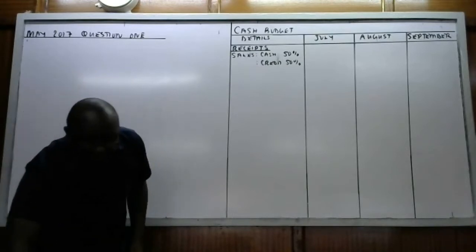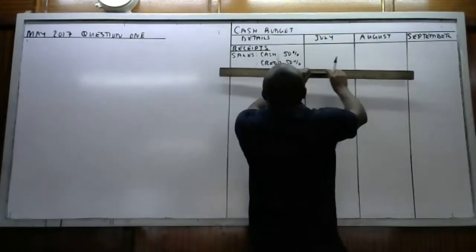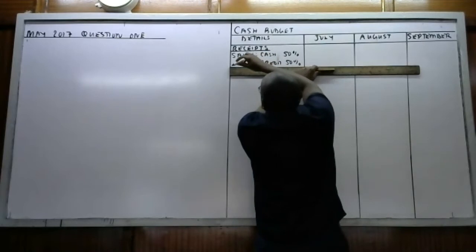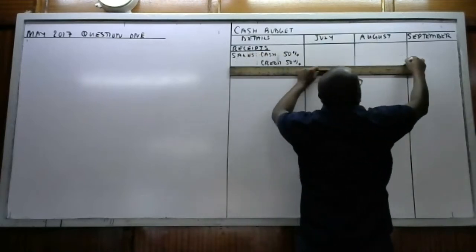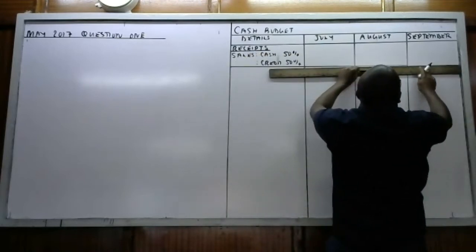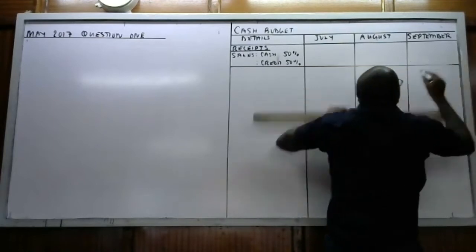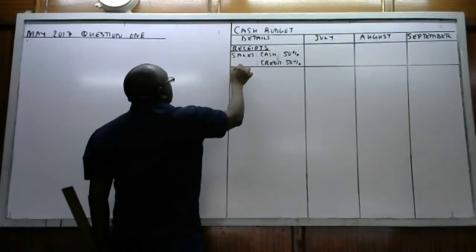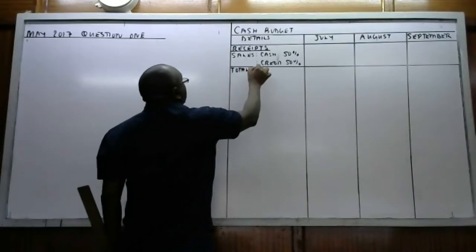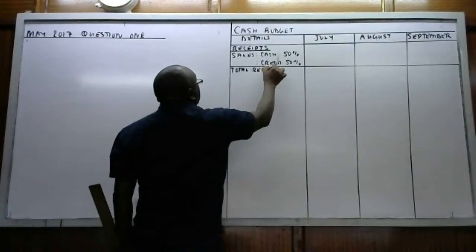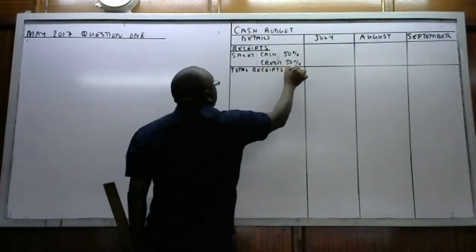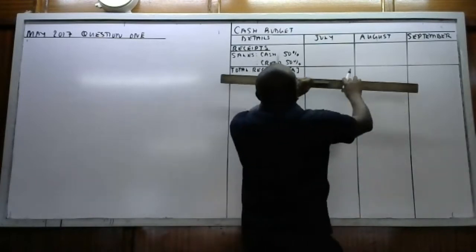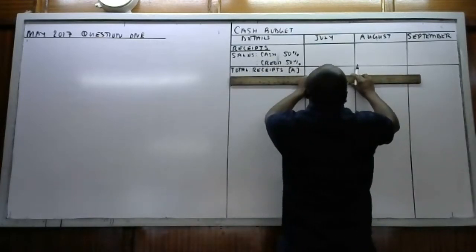So, pia hapa tunasema sasa hii nayo inaitwa total receipts, which we designate as A.